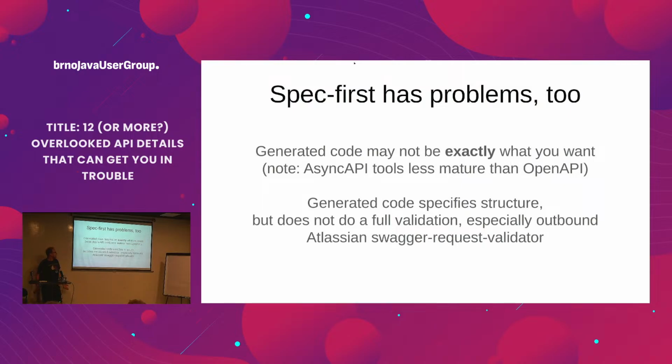Another thing, of course, you want to generate some code stubs from your OpenAPI document. So you need to know what generators to choose. There are multiple implementations.